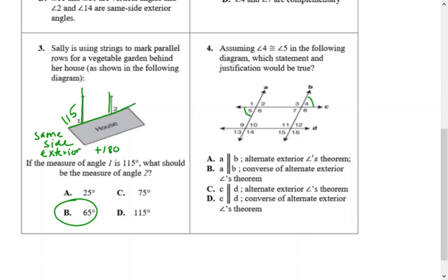If we were to look at our parallel lines here, and our transversal here, we would now have opposite side exterior angles, and we would know that A and B are congruent. The reason we're using the converse of the alternate exterior angles is because we're using it to prove that they're parallel. That's when we use the converse, or the theorem going the opposite way.